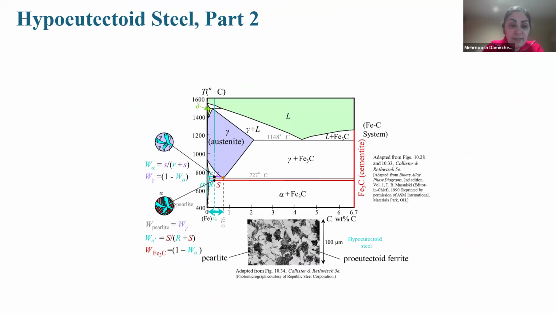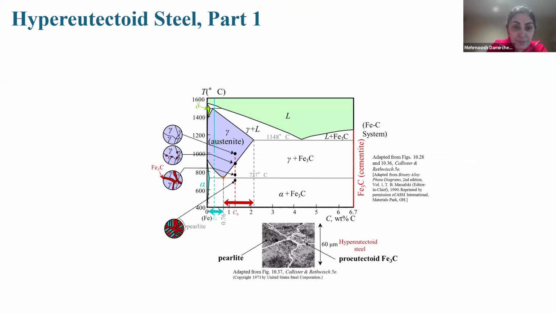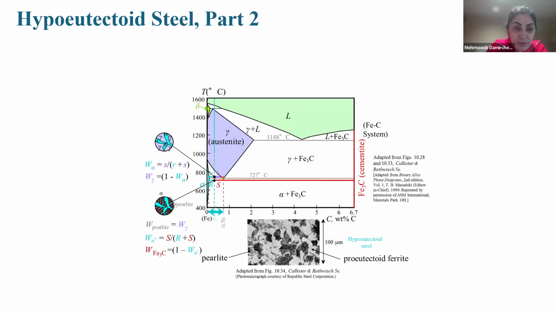Okay, here we see how we find the weight fraction. A little above the eutectoid temperature, if we want to find the weight fractions of the phases, we have alpha plus gamma. I'm talking about this region. So here we have alpha plus gamma.